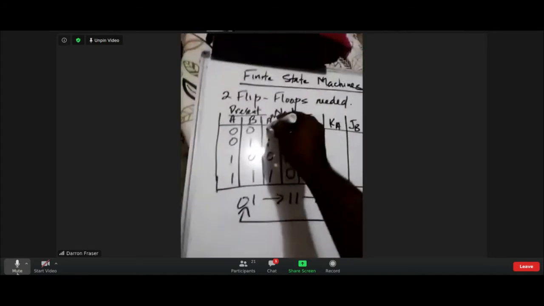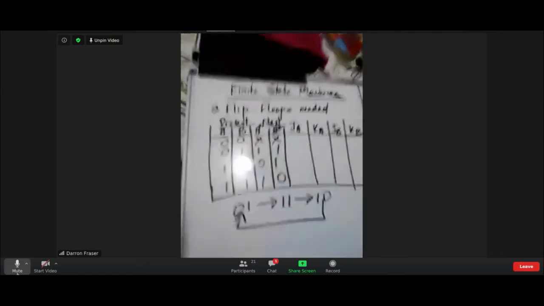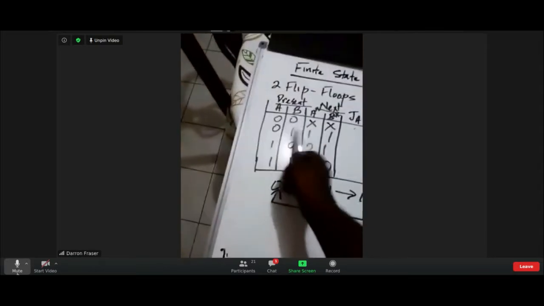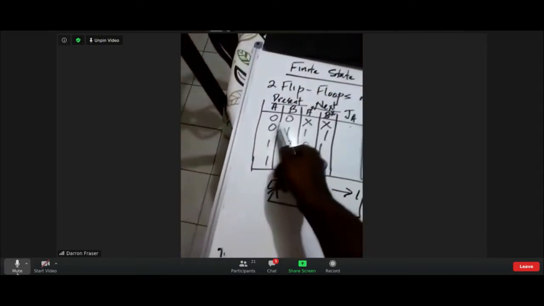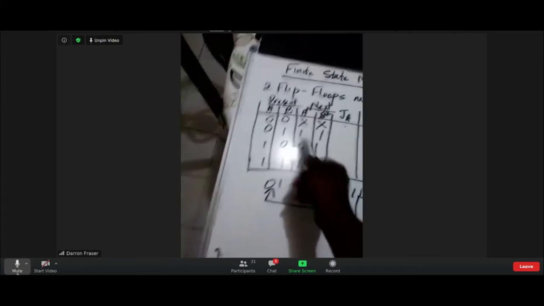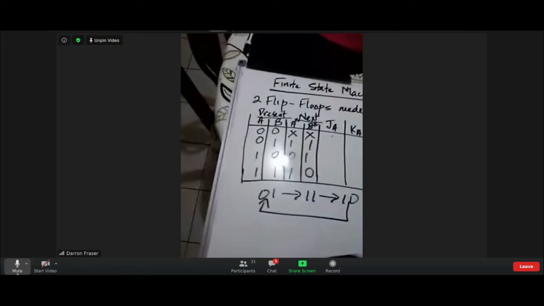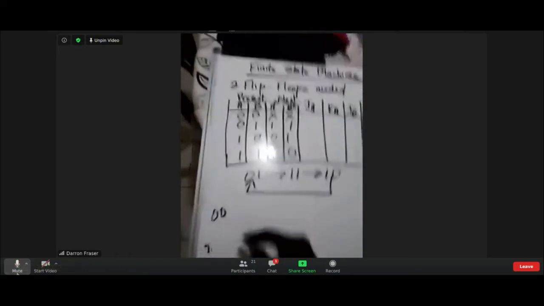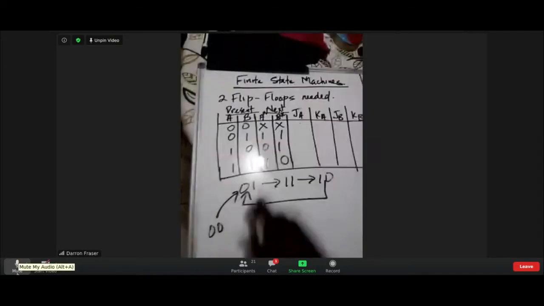And 0, 0 does not appear in what I want. So therefore, I don't care. Some people when they design put a state there, so that if it goes to 0, 0, then it will go to the state 1, 1. 0, 0 doesn't appear, but they would make sure that if something happens and it goes to 0, 0, it goes to state 1, 1.